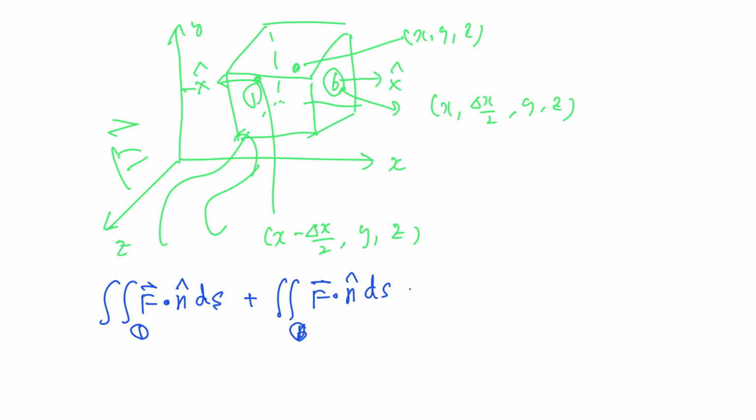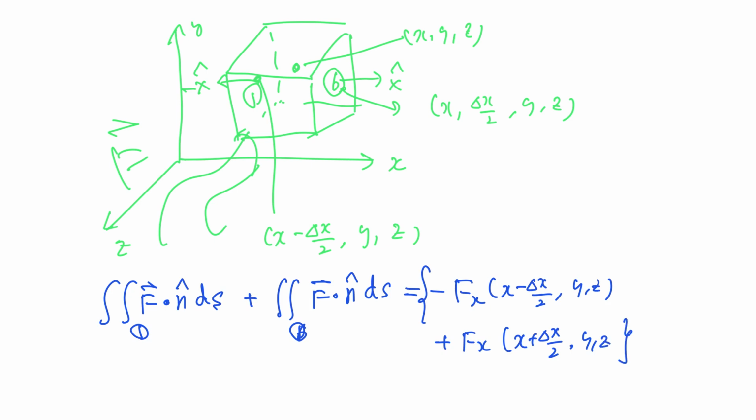So you can approximately have minus fx at x minus delta x over 2, y, z plus fx at x plus delta x over 2, y, z, times the area, which is delta y, delta z.